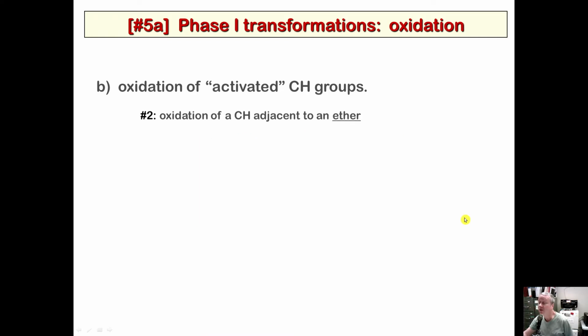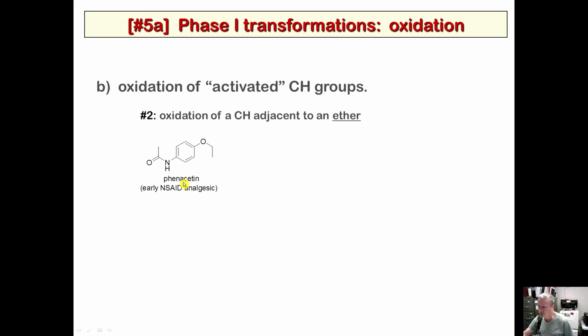Okay, what about if we oxidize a CH adjacent to an ether? Well, that happens also. So phenacetin is one of the early NSAID analgesics, kind of like ibuprofen or Tylenol. I think the structure of this is vaguely similar to Tylenol, maybe minus the ethoxy group or something.